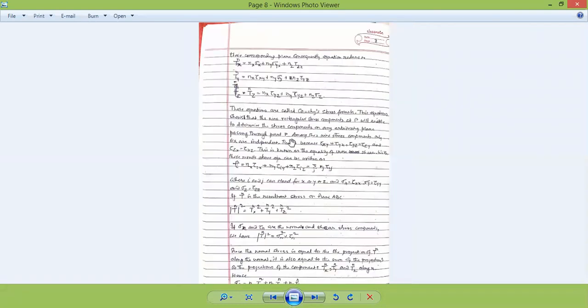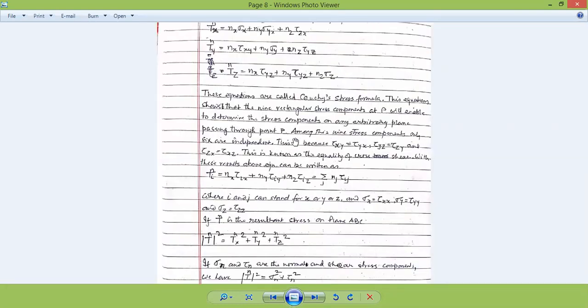So all these forces Tx, Ty, Tz are given by the relation with nx, ny, nz, where all this force Tx, Ty, Tz is tending towards the central point P, and all other existing forces are also tending towards P itself. And this equation is defined as Cauchy's stress formula.